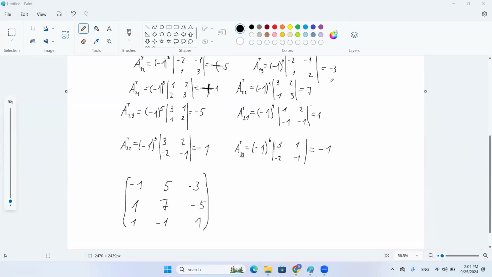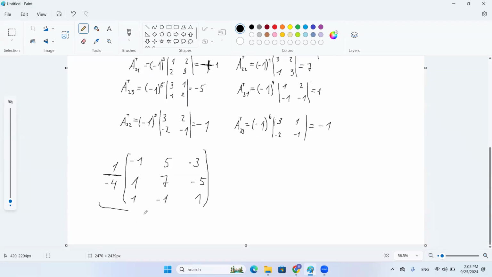So maybe someone new, Bogdan, if I'm not mistaken, you are new for today. You also need to multiply it by the fraction of 1 over the determinant of A, so it will be 1 divided by minus 4. Yeah, correct. So it is the final view of the inverse matrix.